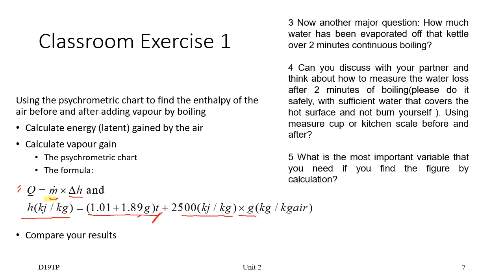Room air moisture content is calculated as kilogram vapor per kilogram dry air. So you need to consider the total vapor in a big room and the weight of the room air. You use the moisture weight divided by the room air weight, so you get the moisture content for the room air.